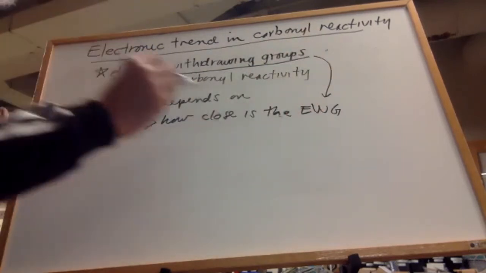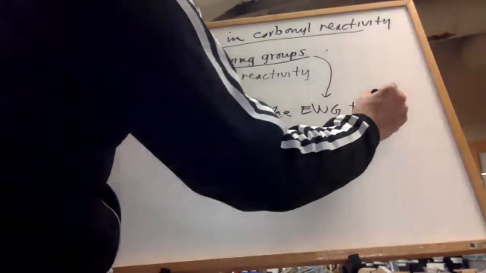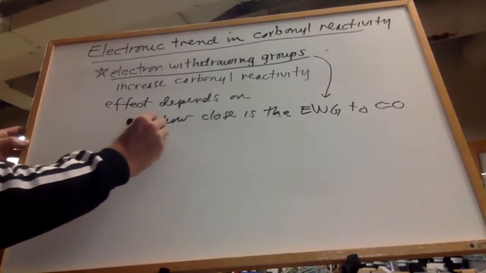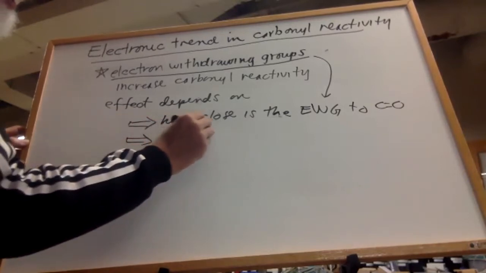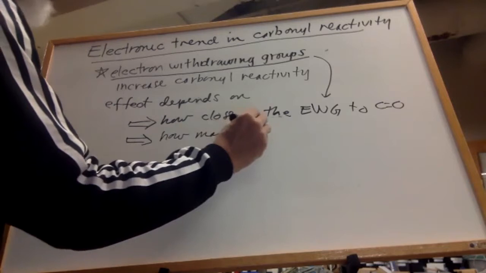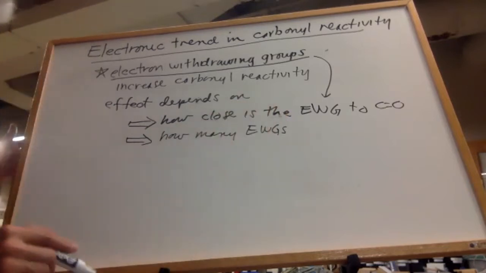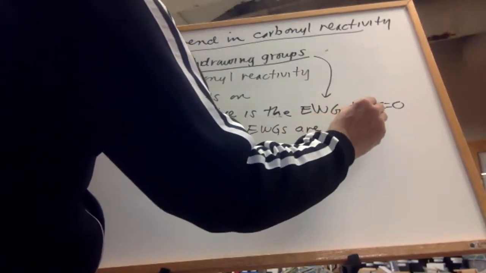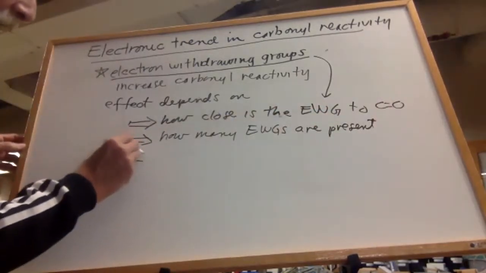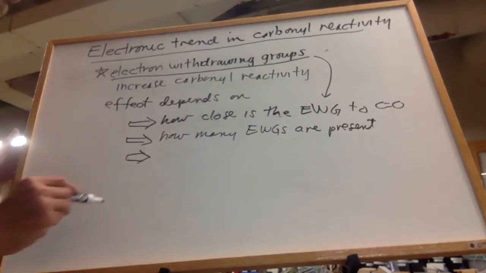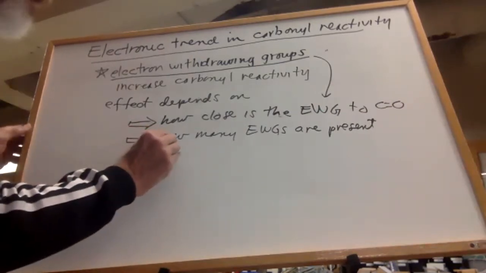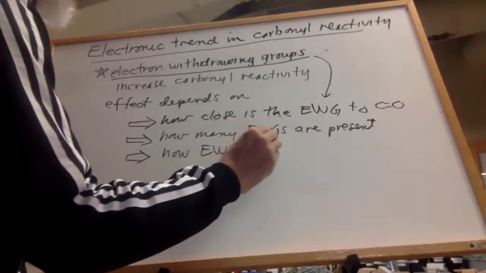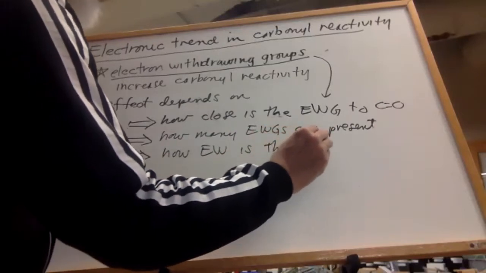How close is the electron withdrawing group to the carbonyl? How many electron withdrawing groups are present in the molecule? And finally, the third and last thing that this depends on is how electron withdrawing the electron withdrawing group is.